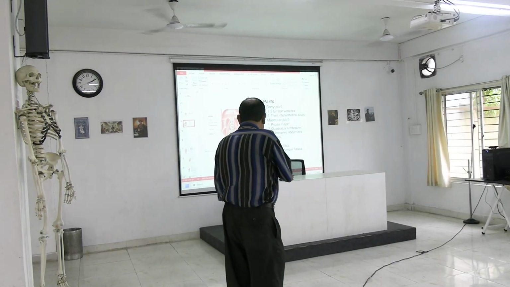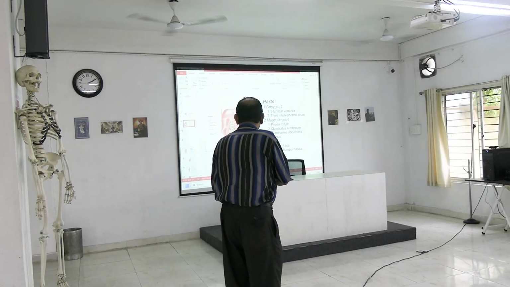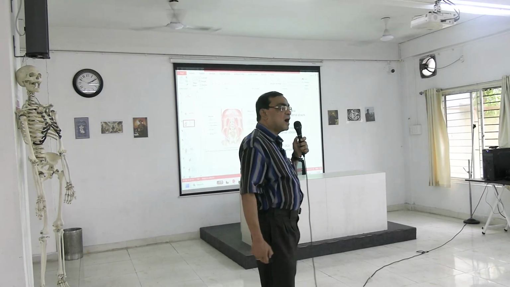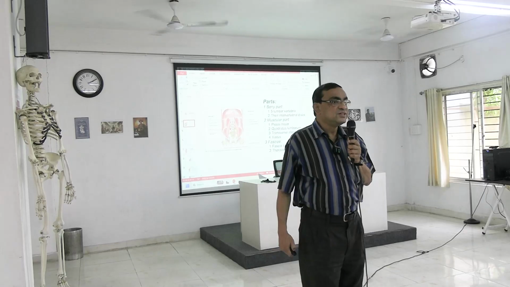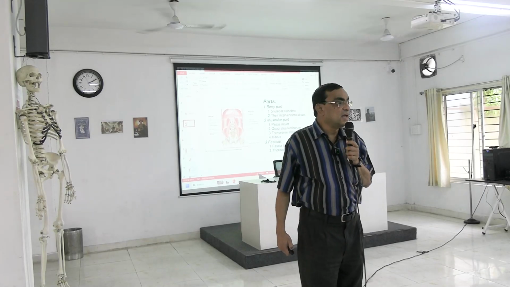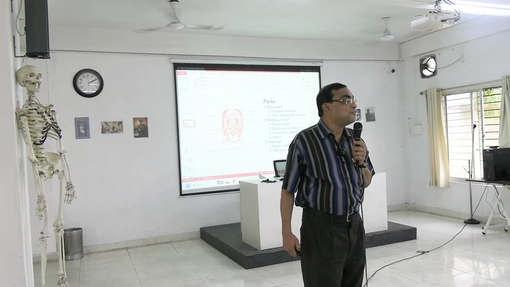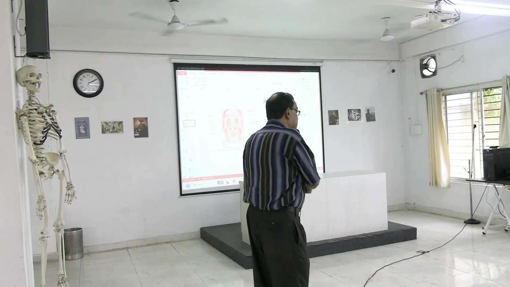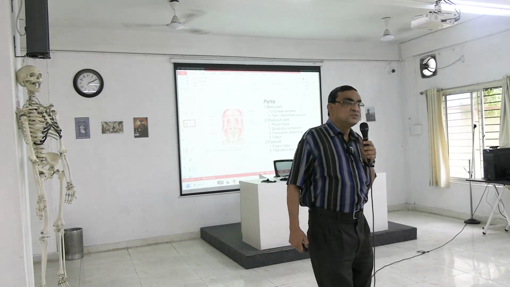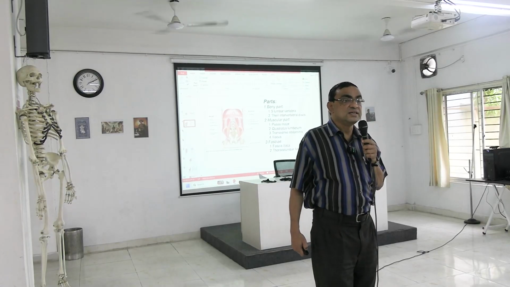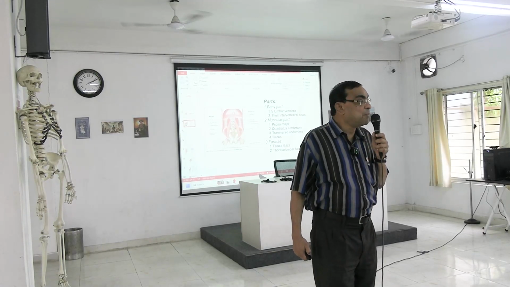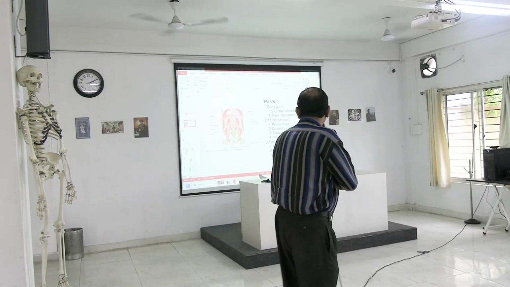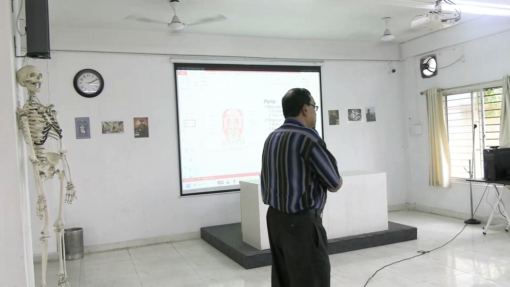Similarly, we can get this muscle, that is the quadratus lumborum, and this quadratus lumborum is again covered with one sheath. The sheath is called the anterior layer of the thoracolumbar fascia. From thorax to lumbar region, that fascia is continuous, so the name of this fascia is thoracolumbar fascia, and that anterior layer covers this muscle.